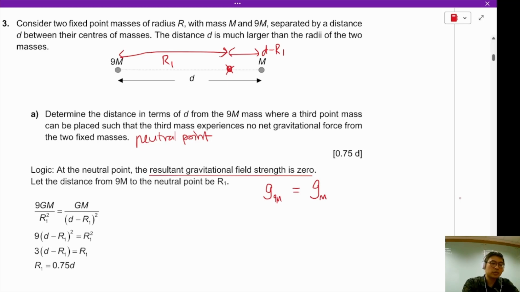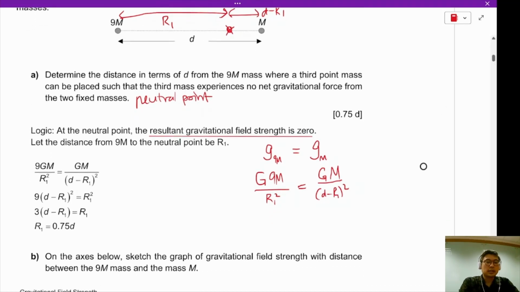The gravitational field strength of the 9m mass will be G 9m, which is the mass, divided by r1 squared at that point. The gravitational field strength of the mass m will be Gm over (d minus r1) squared. Okay, so now let's go down to the equation. We follow the steps over here, we cross multiply, and then we solve.